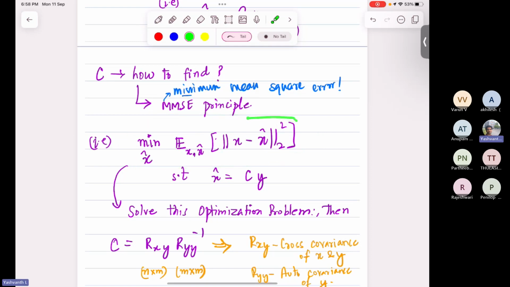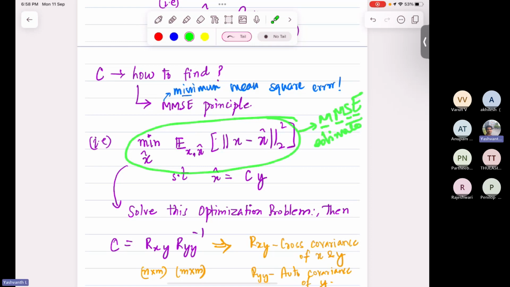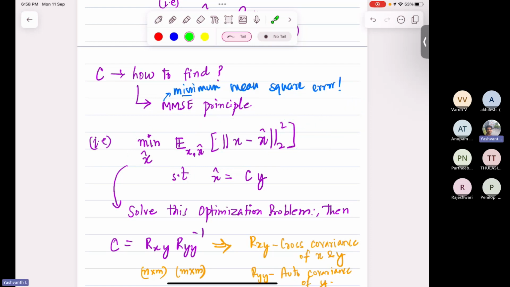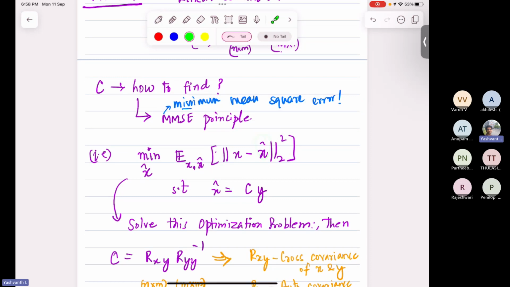This is called the MMSE estimate, the minimum mean square error estimate. But if I impose a condition on top of that, that the estimate should be a linear function of y, I get a constraint, subject to x hat equal to cy. This is called the linear MMSE estimate. In general, MMSE and LMMSE estimates can be different.